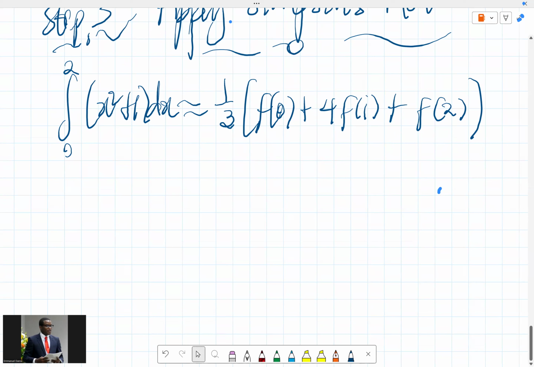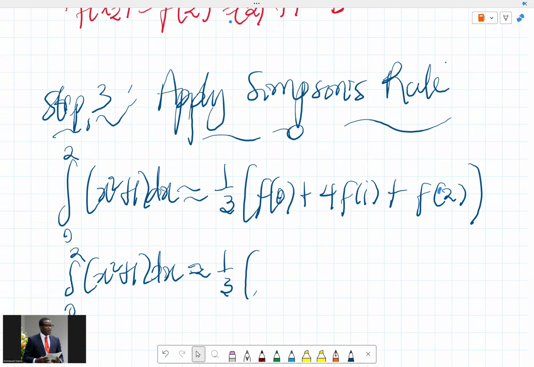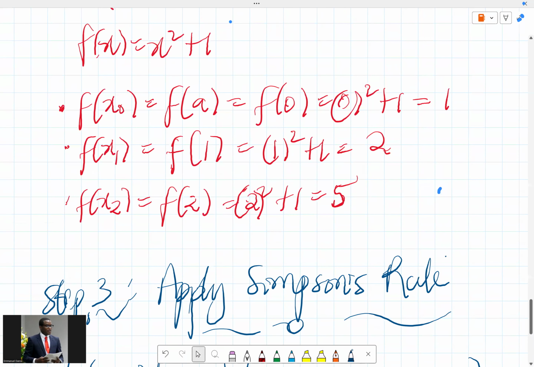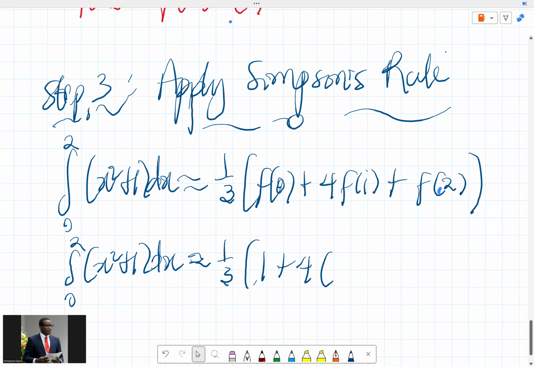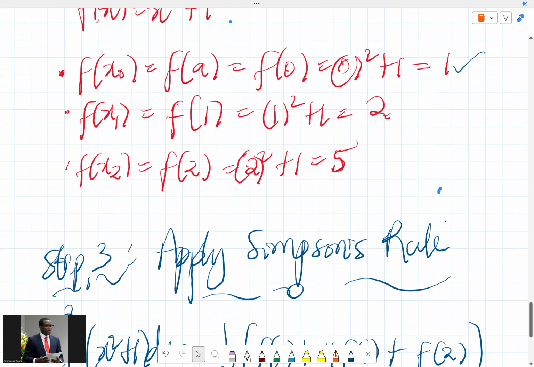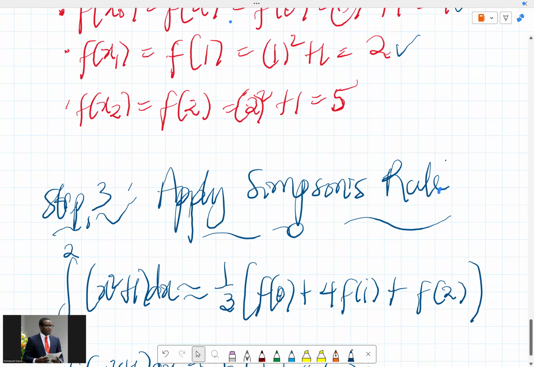Now we are saying that the integral from 0 to 2 of x squared plus 1 dx is approximately 1 over 3 into f of 0, which we got to be 1, plus 4 into f of 1. F of 1 is 2, plus f of 2, which is the last one, and that is simply 5.